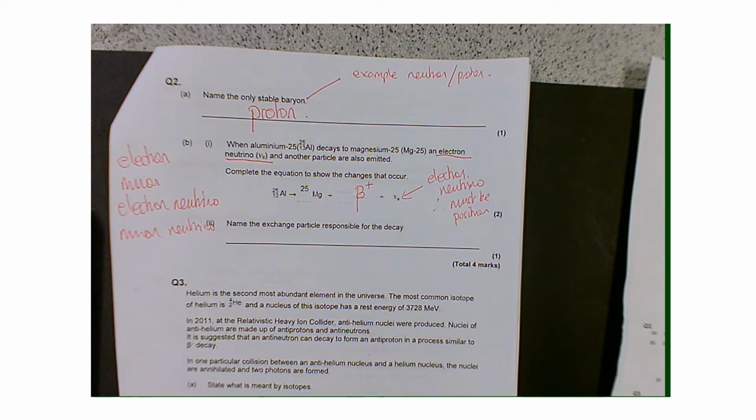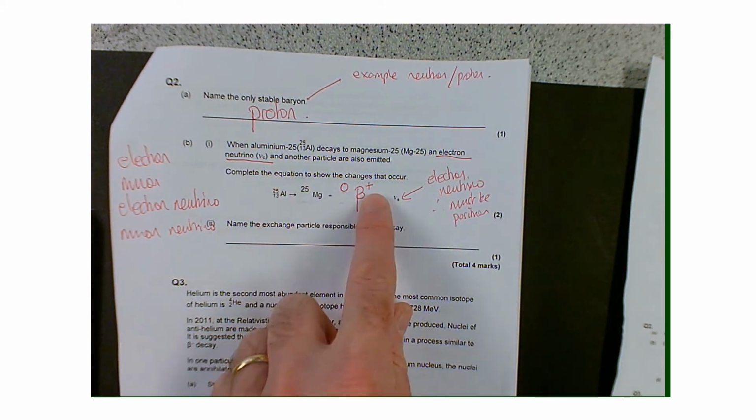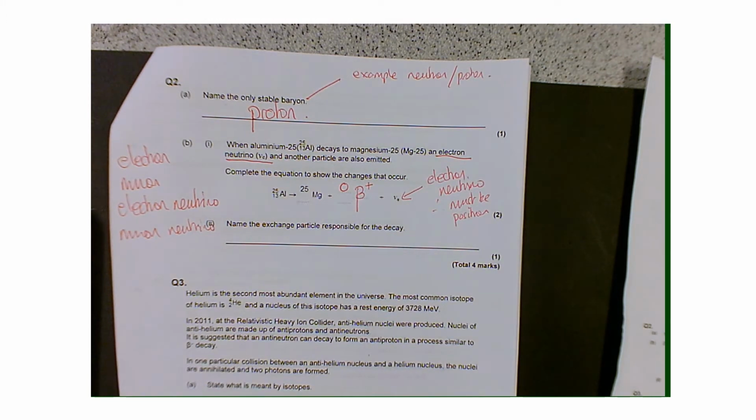What does the electron or anti-electron, the positron, do to the mass number in beta decay? Nothing. So the mass number is going to stay the same. So that is nothing, and we can see it there. So the numbers match up. And then we've got the aluminium and the magnesium. So what if this was beta minus decay? What would happen to the atomic number if it was an electron being produced? If an electron was produced in beta minus decay, what happens to the atomic number?